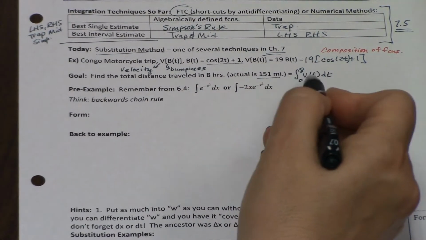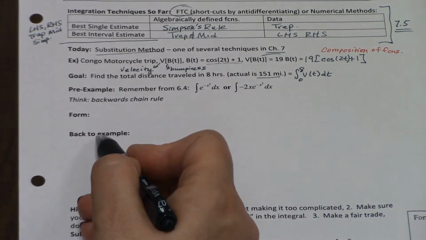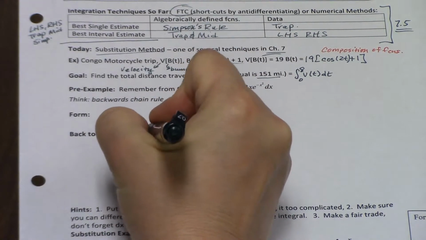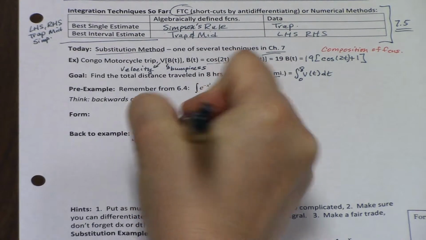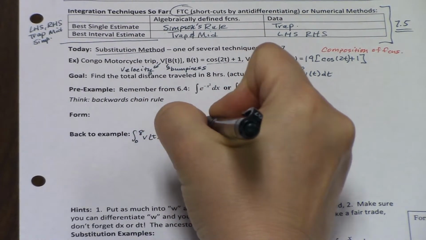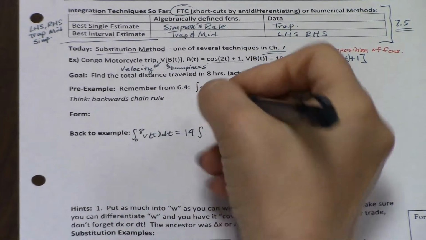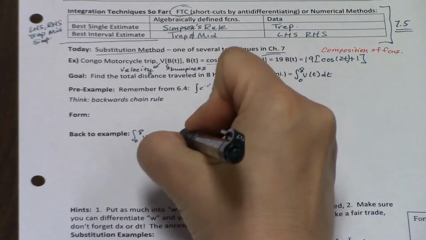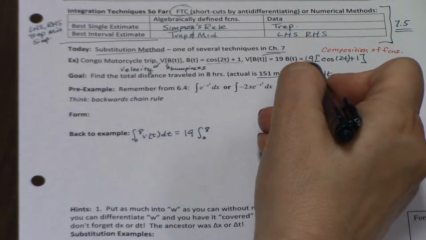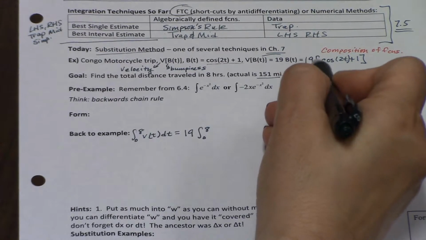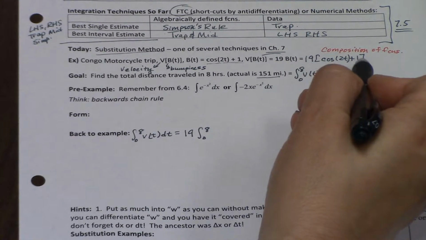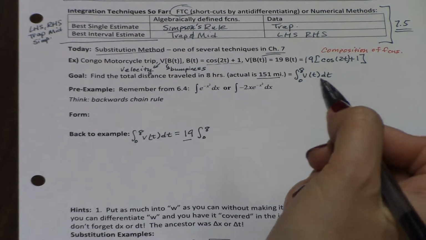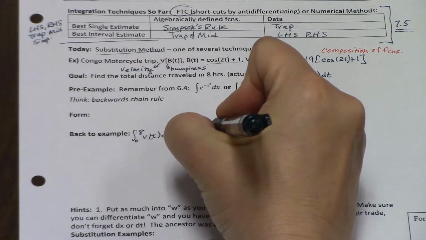So we'll come back to that example down here. So I'll just put this as our goal, that we know we're going to want to look at this integral. The integral from 0 to 8 of v of t, which will be equal to the integral from 0 to 8 of, and remember that integrals are like super summers, so if I'm integrating 19 cosine of 2t plus 1, your first thing you're going to want to do is to factor out that 19, because that will make our integration easier.